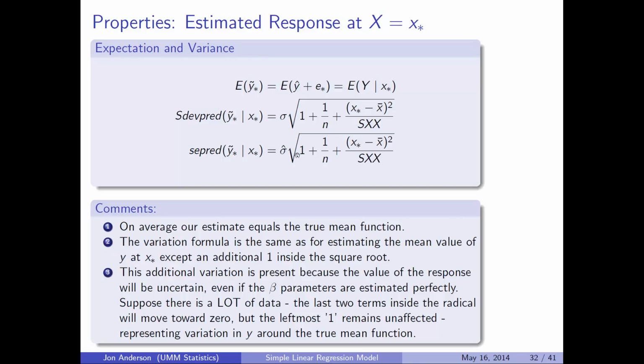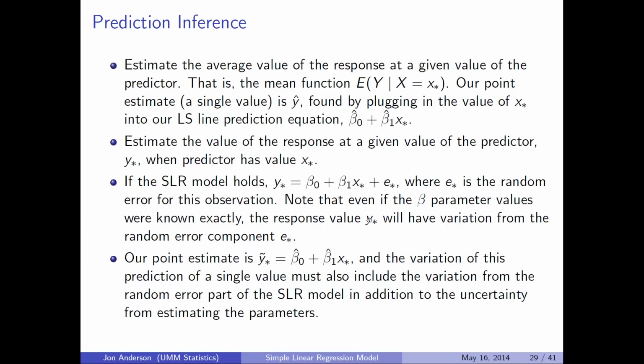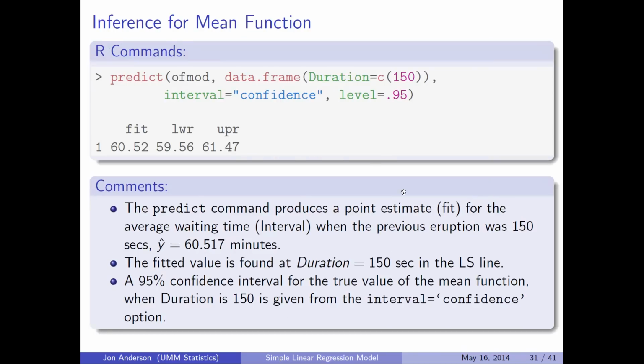And that basically, when you factor sigma inside the quantity, coming inside sigma squared, is the extra bit of uncertainty from the fact that even if you know the beta parameters, there's a sigma squared of uncertainty from the random error component.